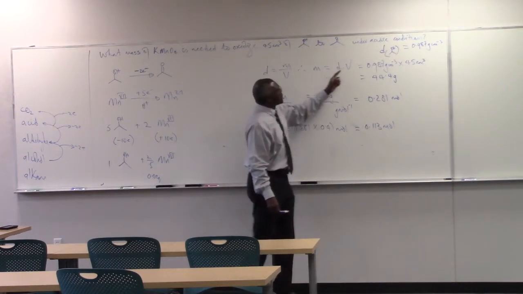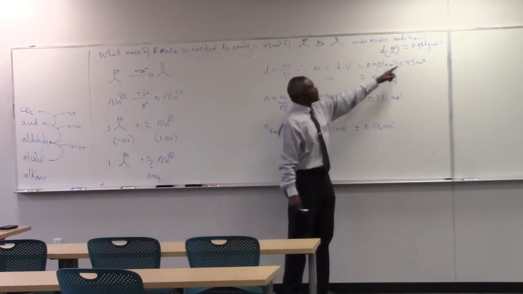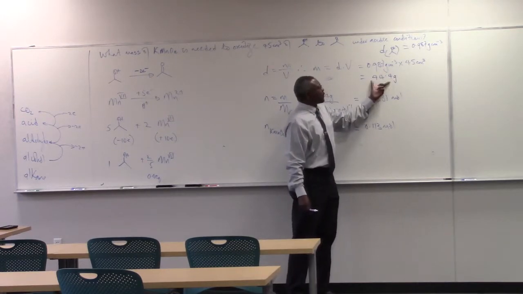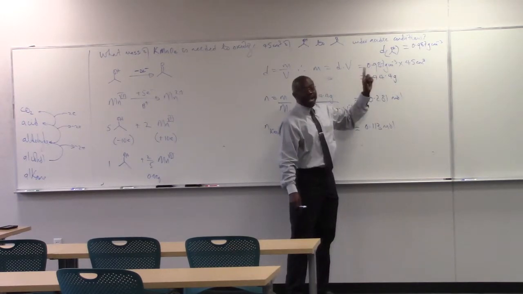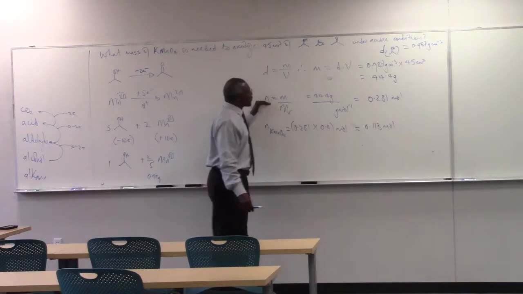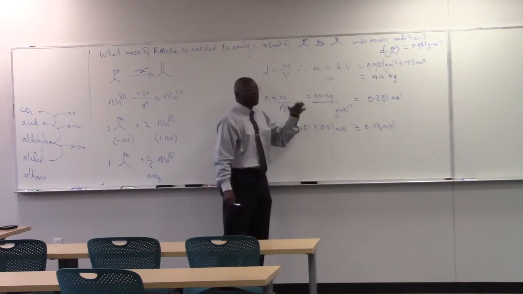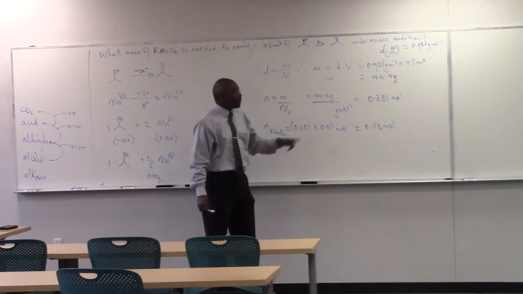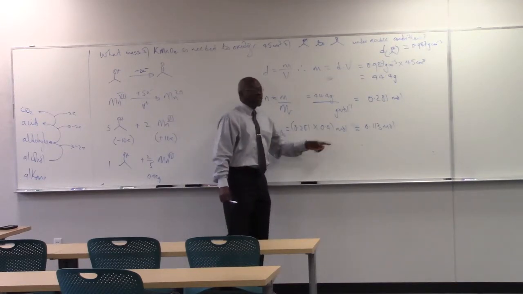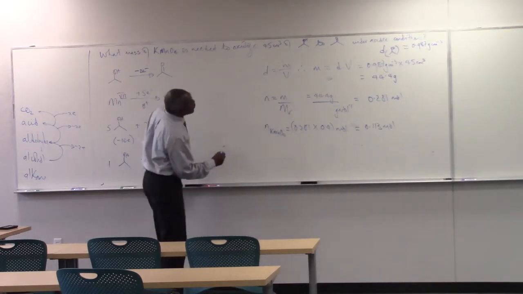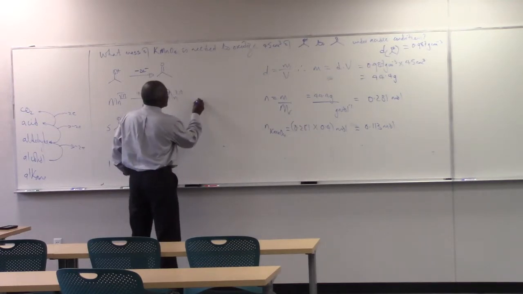And so the density was 0.97, the volume was 45 mils, so it was 44.4 grams of the alcohol. So the number of moles is the 44.4 grams of the alcohol over the molar mass of the alcohol, not of the permanganate.